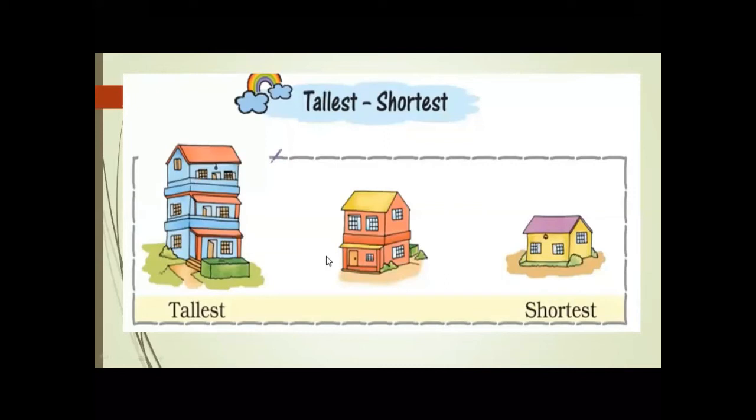Don't use taller or shorter. Taller and shorter are used when we compare two things. If we talk about these two pictures, two floors and one floor, we can say this is shorter and this one is taller. But when we discuss the three houses, this one is shortest and this one is tallest.